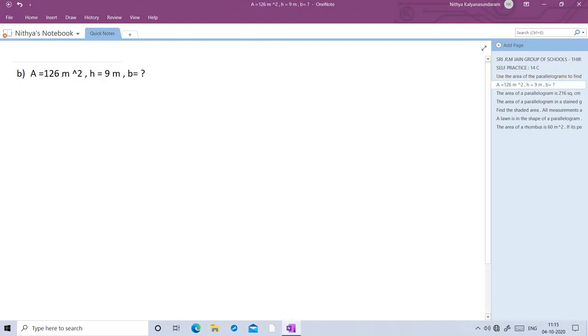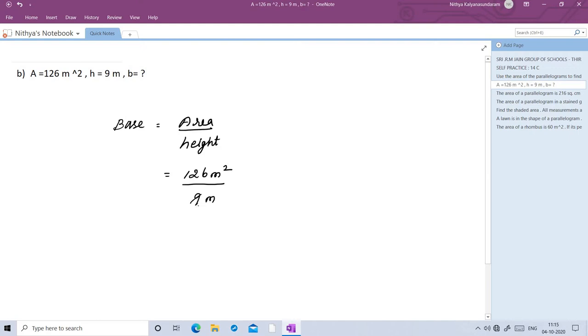Next question. Area is 126 meter square, height is 9 meter, base is missing. So the base formula of the parallelogram is base equals area by height. Area is 126 meter square by height is 9 meter.